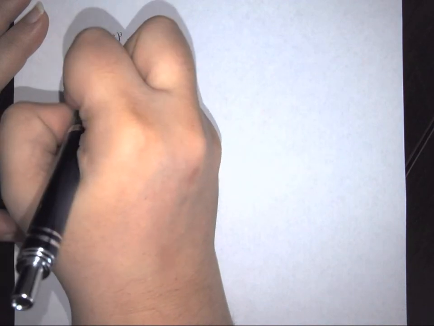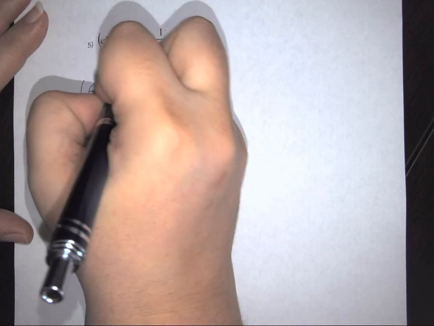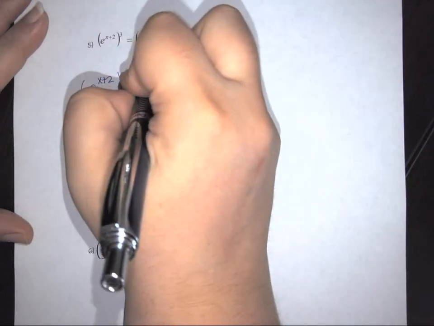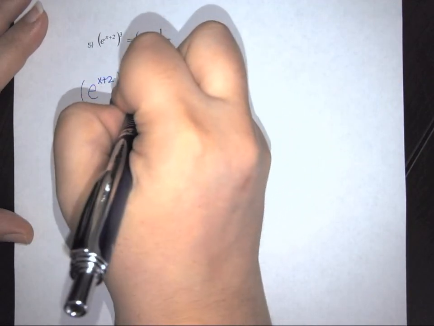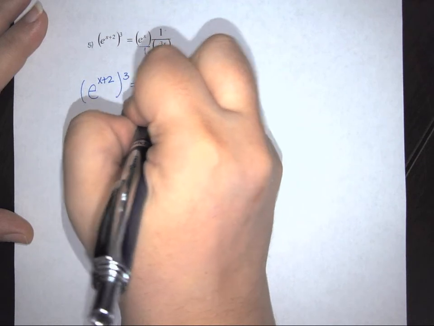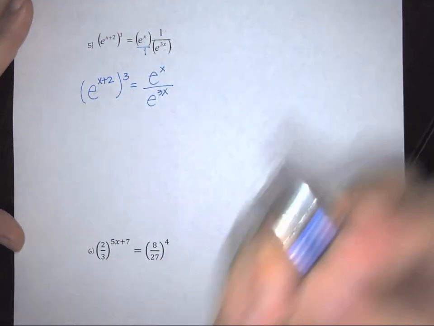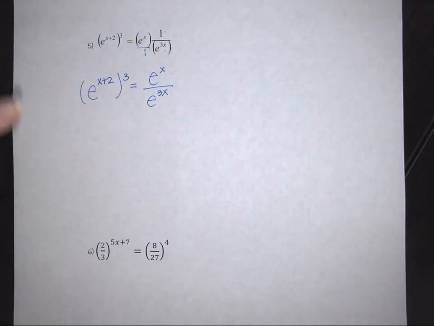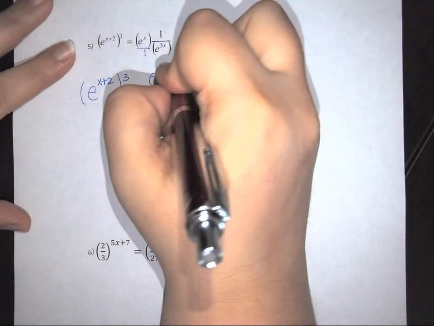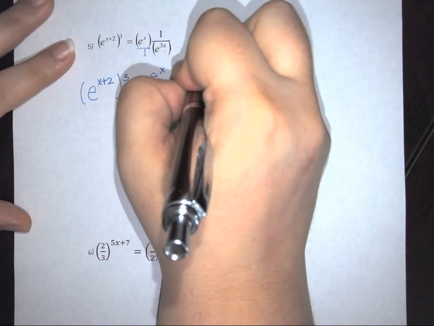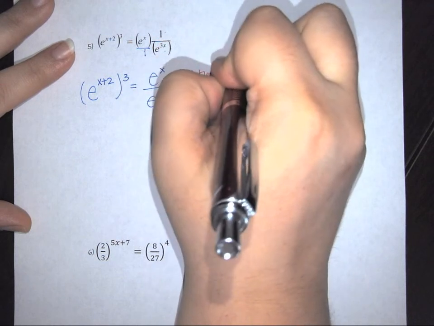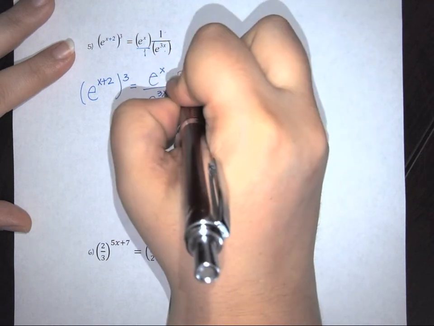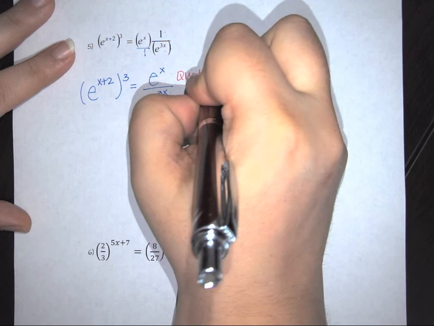So this gives me e to the x plus 2 raised to the third is equal to e to the x over e to the 3x. Notice we have the quotient rule. So the quotient rule here, remember, means to subtract your powers.